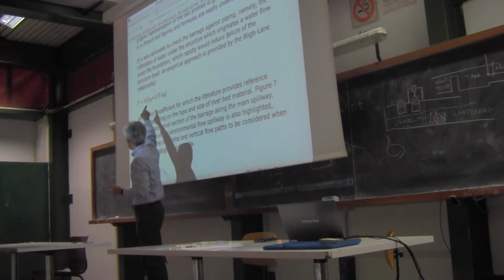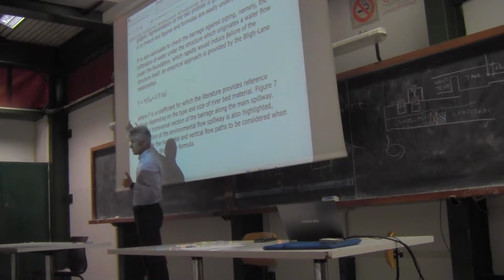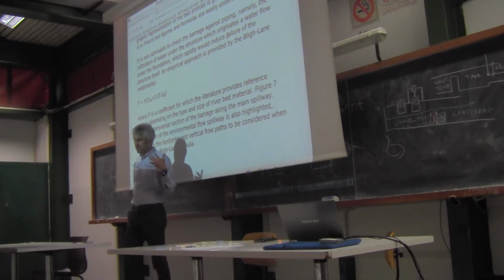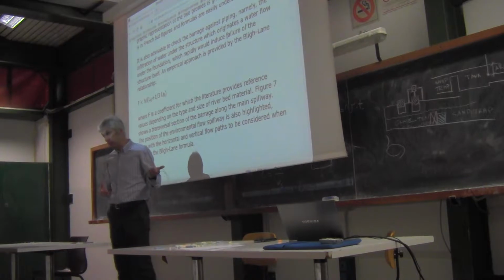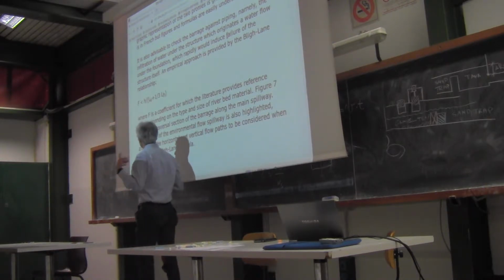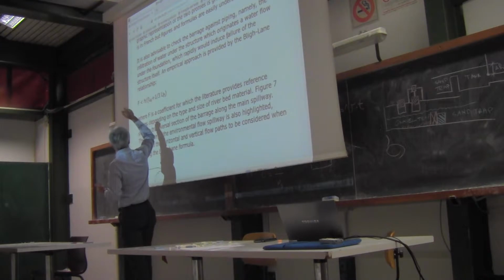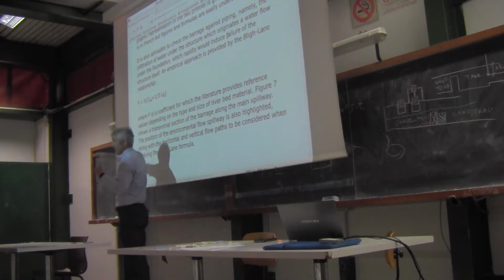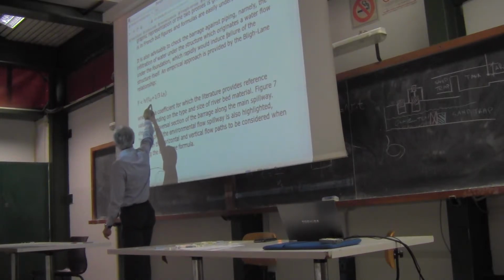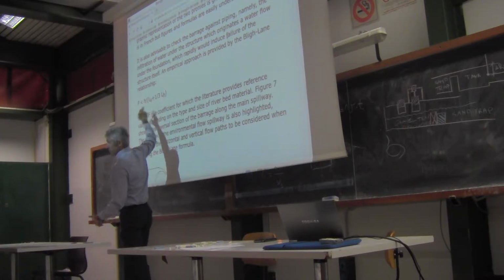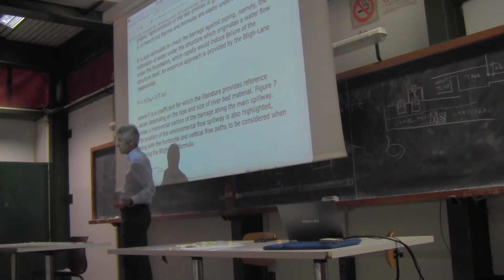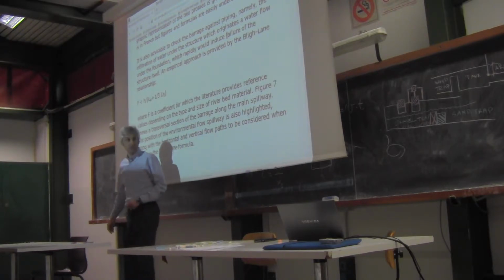Basically, there is a safety factor F, which is prescribed by the literature, depending on the type of soil, that has not to be exceeded, and this safety factor is given by a ratio. The ratio is the water level against the structure upstream. At the denominator, we have the sum of one third of the horizontal length of the flow plus the vertical length of the flow.